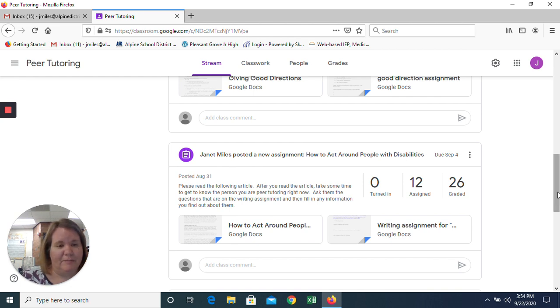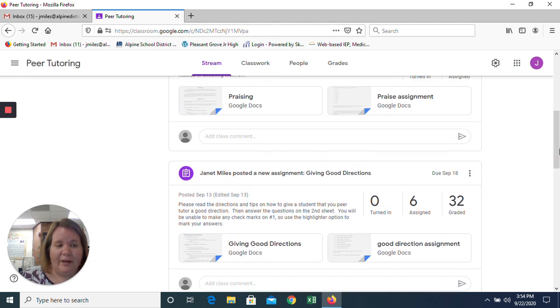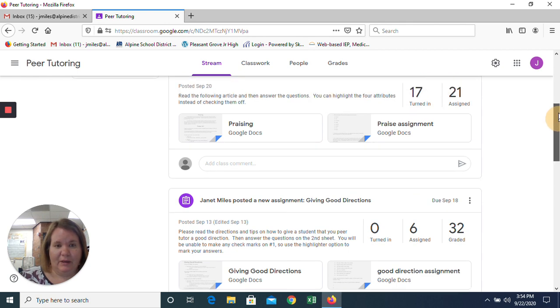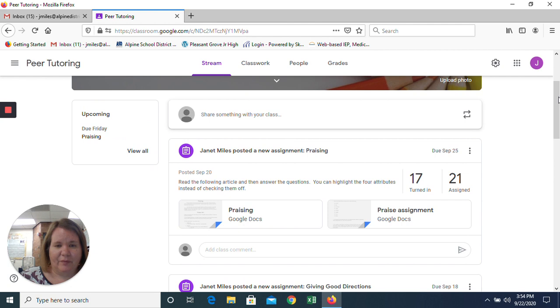Fairly simple assignment. The one I gave them last week was called Giving Good Directions, where they had to read an article about how to give a student directions when they're working with them. And then they had a worksheet to fill out after they were done reading. And then this week, same thing. I just barely assigned this one.